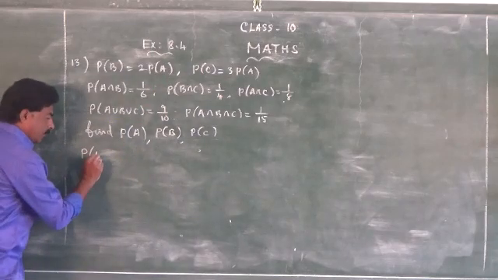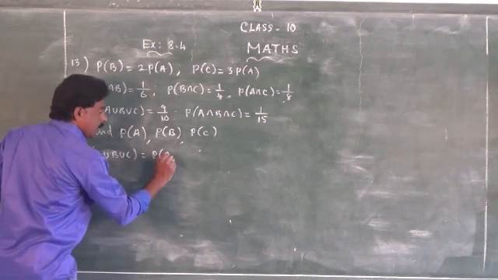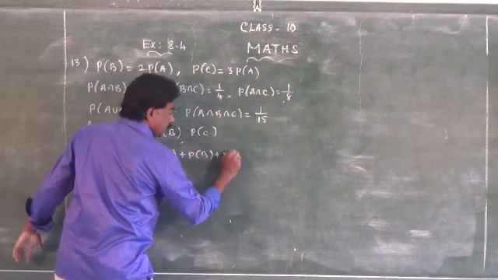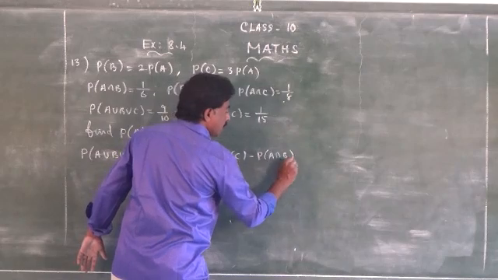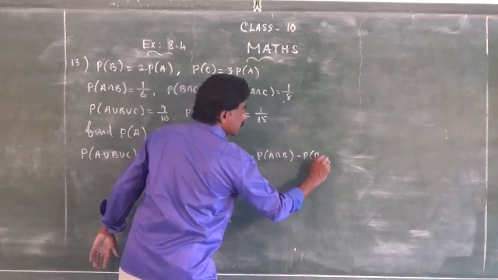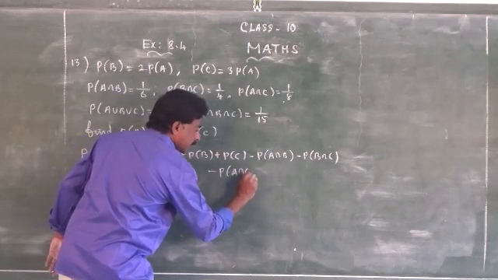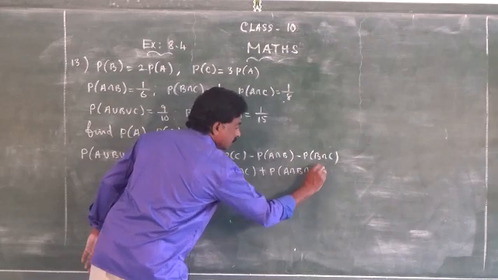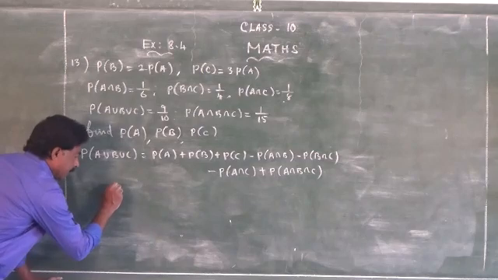Now we know the formula. What is the formula? P of A union B union C is P of A plus P of B plus P of C minus P of A intersection B minus P of B intersection C minus P of A intersection C plus P of A intersection B intersection C. P of A union B union C is given, that is 9 by 10.